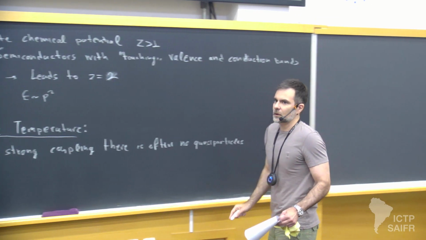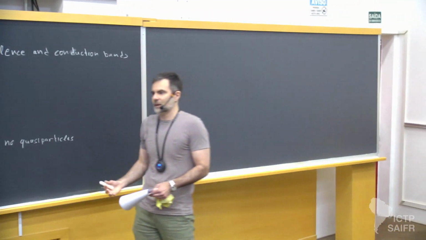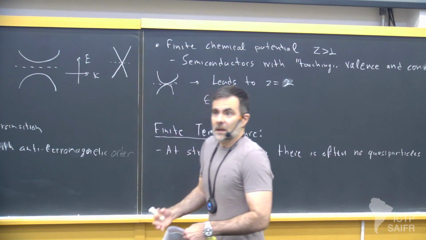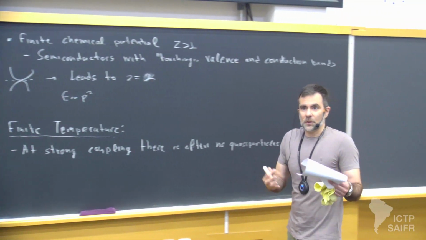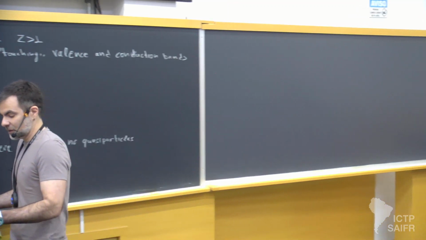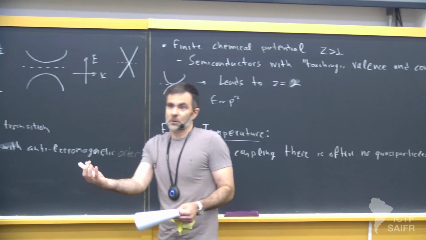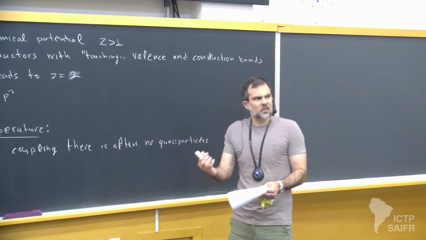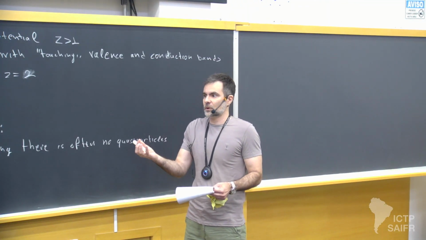So a quasi-particle would be some excitation in your system that has a very long lifetime. It could basically appear as if it is interacting very weakly with the other quasi-particles in the system. It could have some mass, some very long lifetime, and I could basically start building a free theory around this quasi-particle.